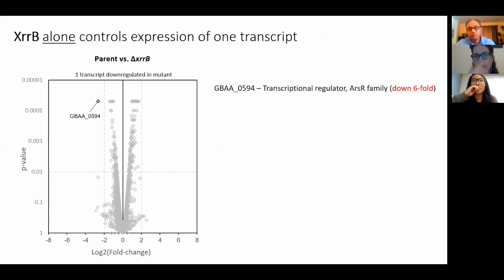It really only appeared to affect one transcript, so by itself it doesn't seem to be doing much. But when we delete both SIR-A and SIR-B, there are a handful of transcripts that appear to be regulated only when we delete both. So there are some things that are potentially regulated by both sRNAs together. Okay, got you.